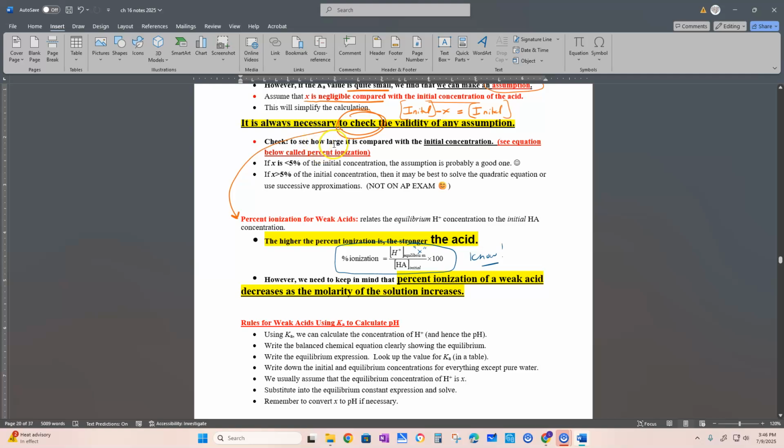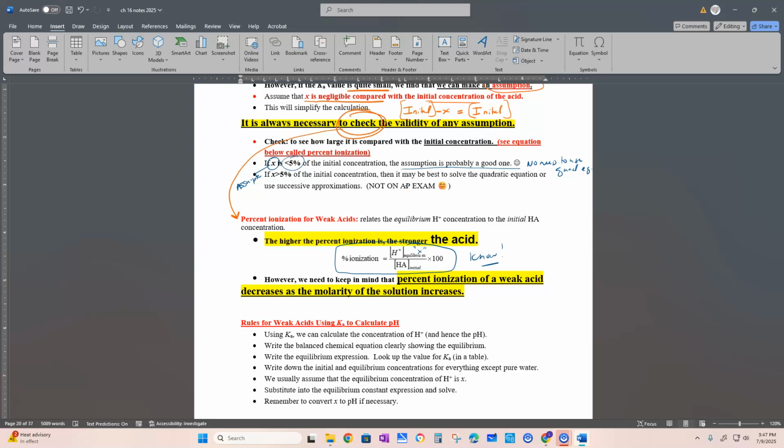Check to see how large it is compared to the initial value. So we use our percent ionization. Remember, this x was the assumption. If the assumption is less than 5%, it's a great assumption, so no need to use the quadratic equation.